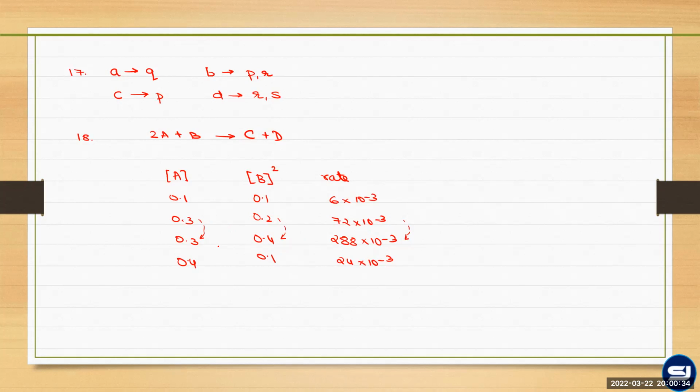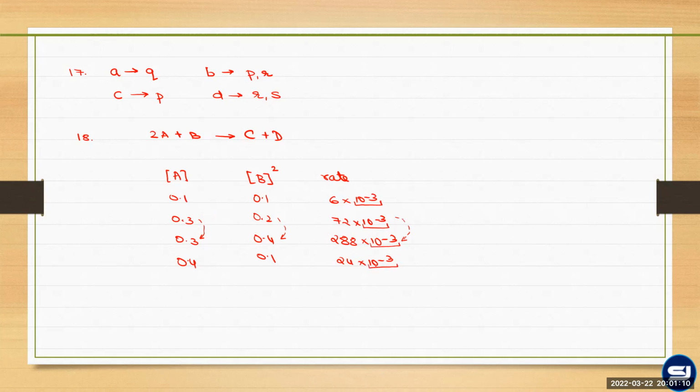Oh, sorry. From 72 you saw 2.88, but that is 288 into 10 is to minus 3, understood? So this was simple. 7.2 to 288? Convert it to 10 power minus 3, all powers should be the same.